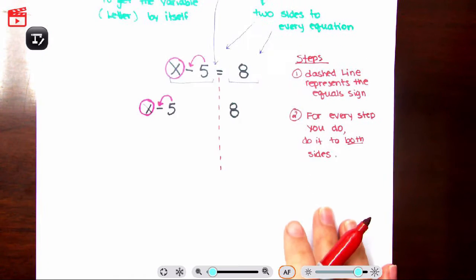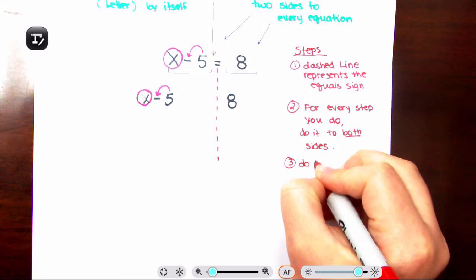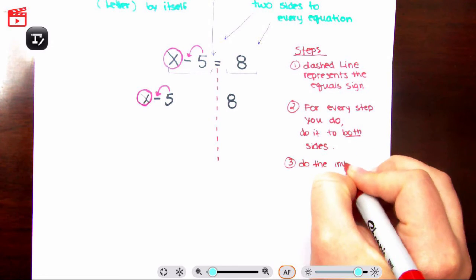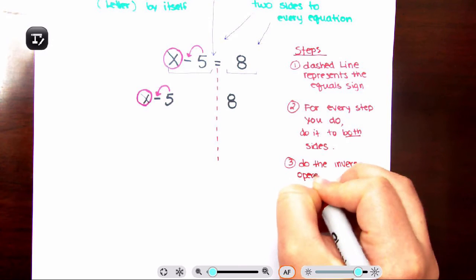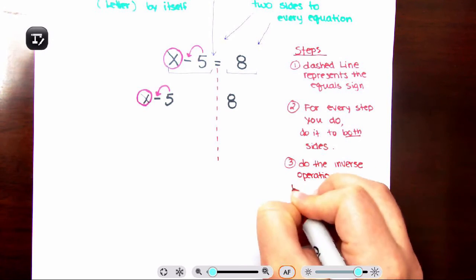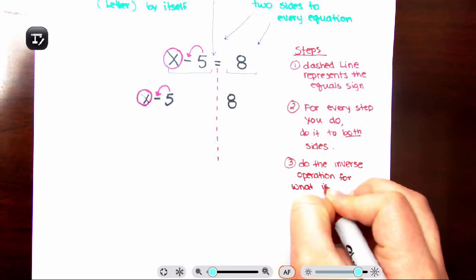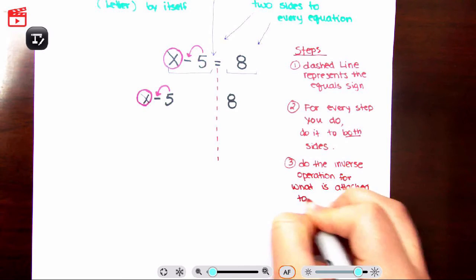So let's call that step number 3: do the inverse operation for what is attached to x.